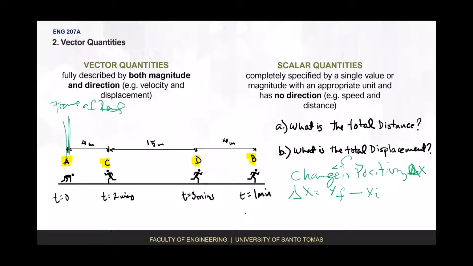So if you passed point C and went back to point A, what's your displacement then? From point A to point C, if you went back from C to A, that will be 0, since you basically started at the origin, or your original frame of reference. Okay, so he just plugged it in. He just measured your distance from A to D, which is 19, minus the initial position, 0.